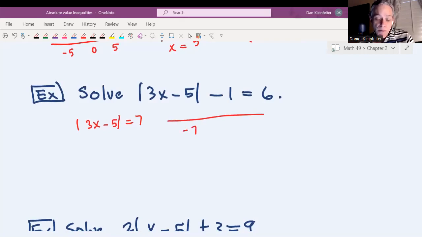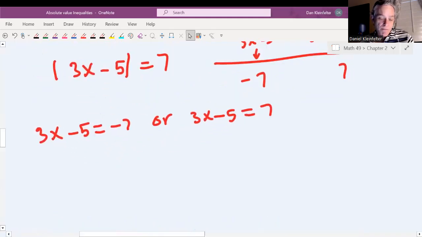There are 2 numbers that are 7 units away from 0, -7 and 7, and 3x minus 5 could be either of those. This leads us to 2 little equations that we can solve. Either 3x minus 5 is -7, or 3x minus 5 is +7. We're going to solve each of those separately. We'll add 5 to both sides.